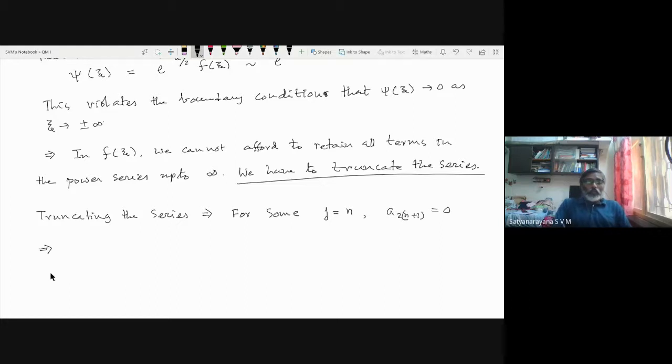Look at the numerator in the recursion relation in equation 6. It must be 0.